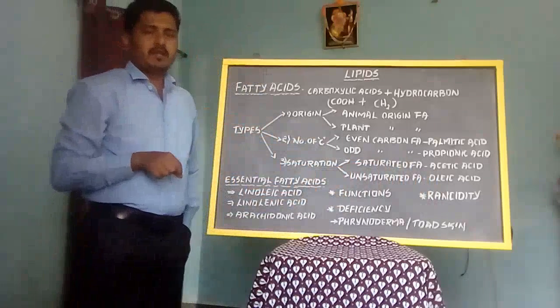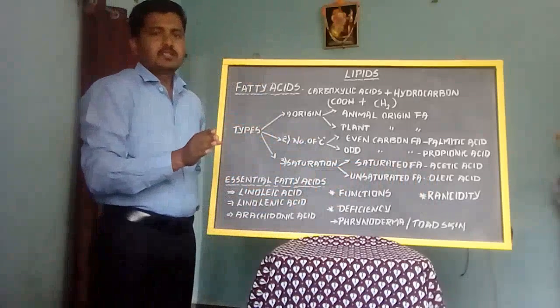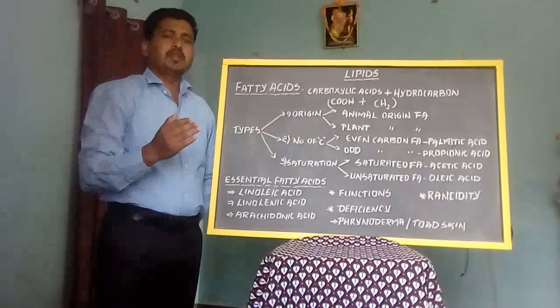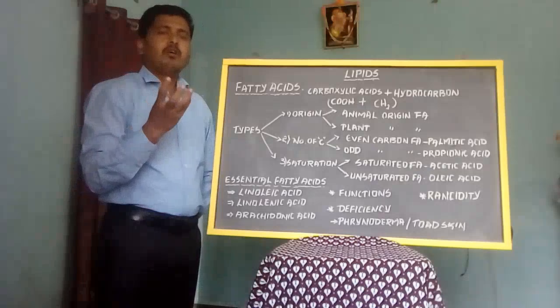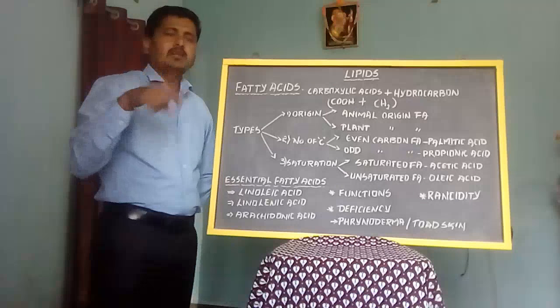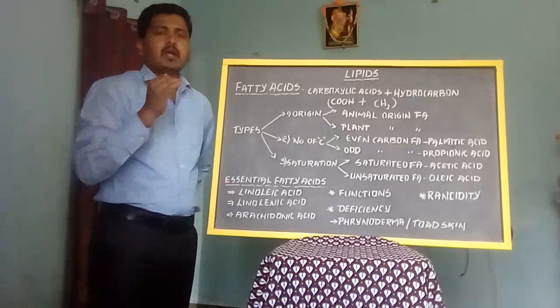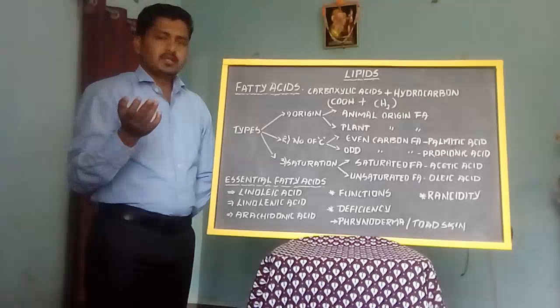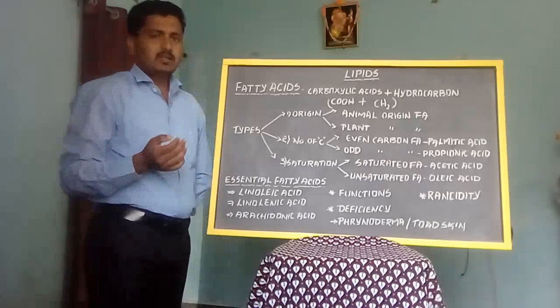There are two types of rancidity: oxidative rancidity and hydrolytic rancidity. In oxidative rancidity, oil kept open in air reacts with atmospheric oxygen and becomes rancid. And next, hydrolytic rancidity.